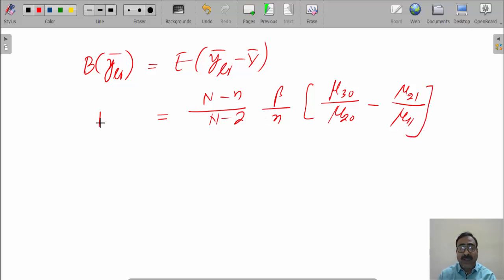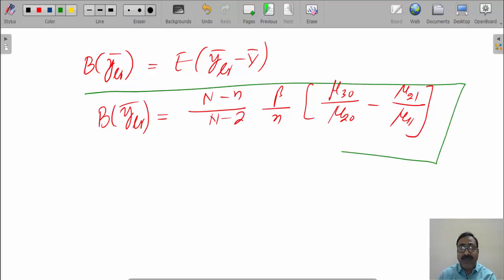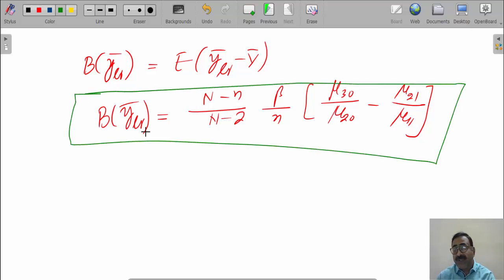So this is the approximate bias of the linear regression estimator if we retain the terms up to order of epsilon to the power 3.